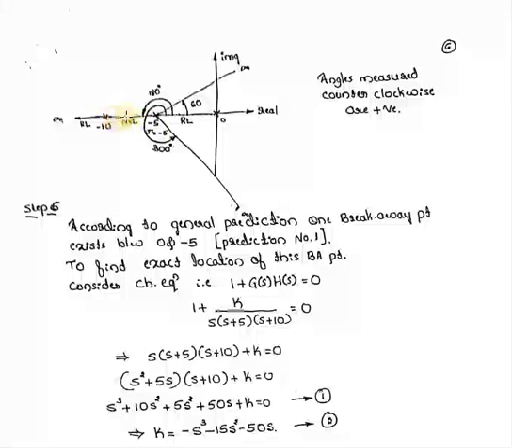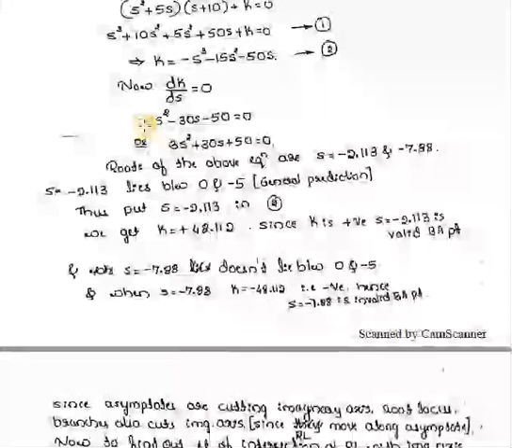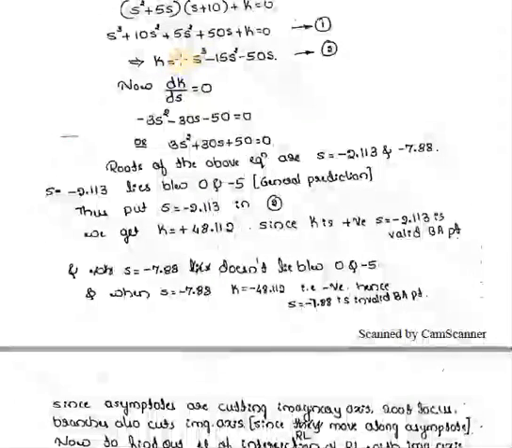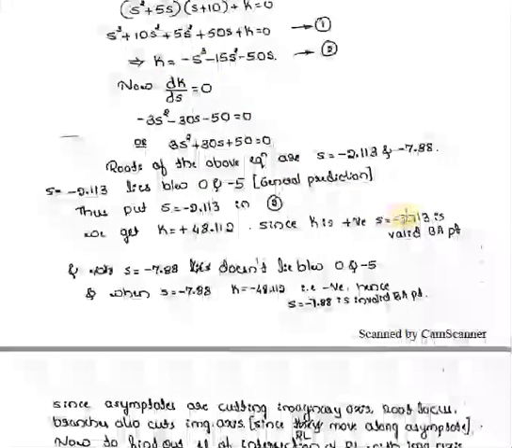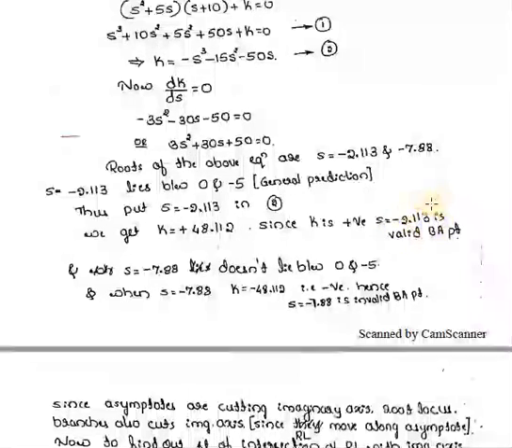So that point lies on the NRL portion, so it is not a valid breakaway point. Otherwise, you can substitute s equal to minus 2.113 in equation number 2, the k equation. If you get a positive k value, you can take that root as the valid breakaway point.